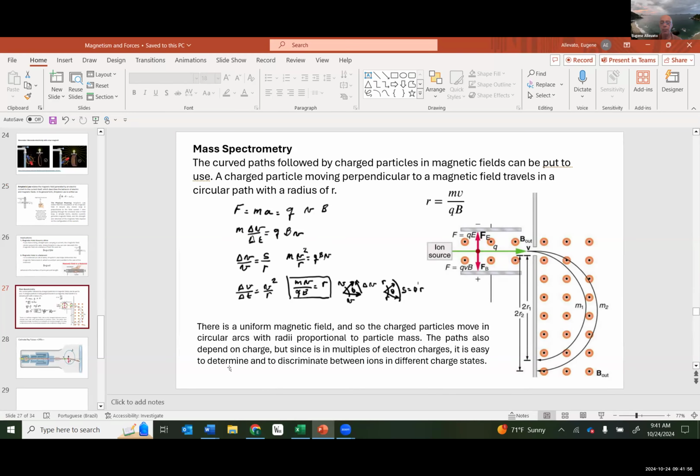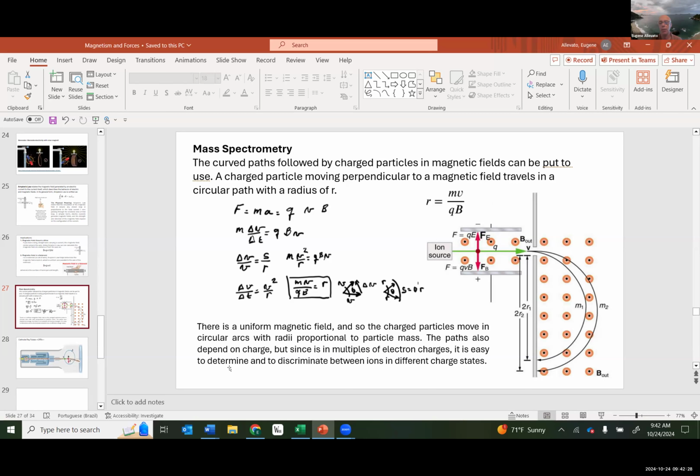Now, another application of the relationship between magnetic field and electric current is a mass spectrometer. Mass spectrometry is based on the fact that charged particles, as they are accelerated in a magnetic field, are going to curve, right?